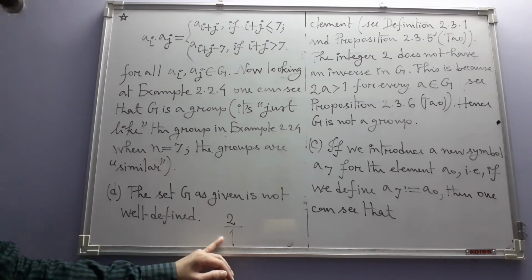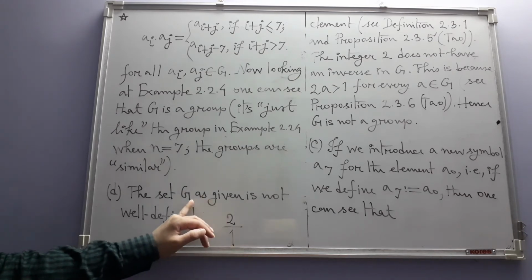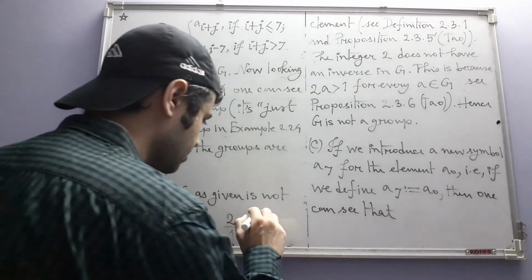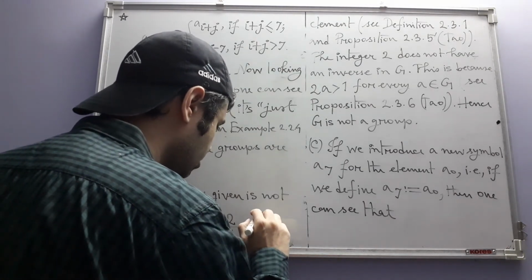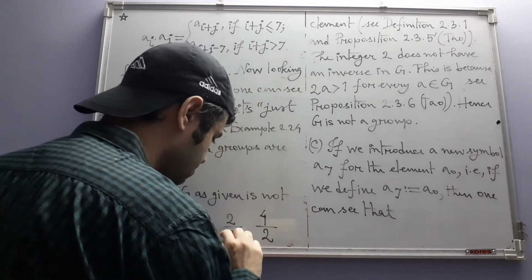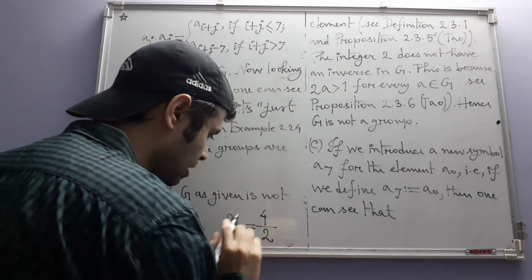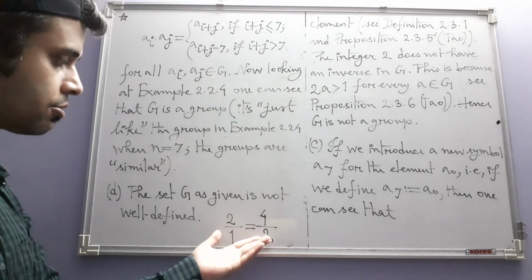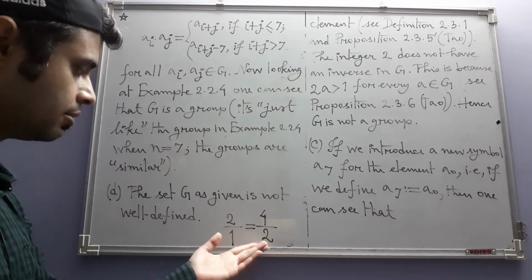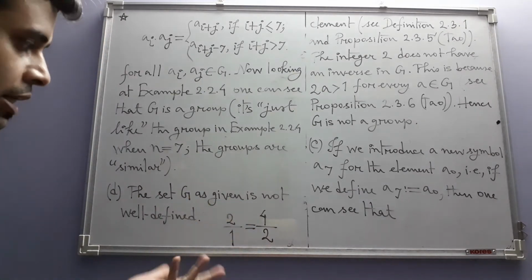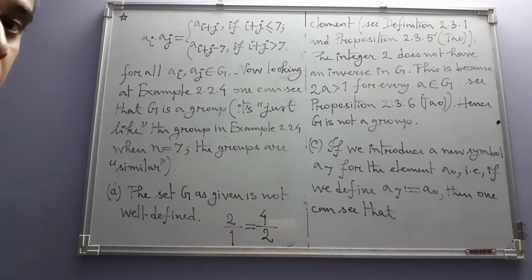So according to our definition, this should belong to G. But at the same time, we can also write 2 like this, 4 divided by 2. And these two are equal. Here the denominator is even. So according to this representation, our original number should not be in G. So what is going on? What is the problem with this definition?